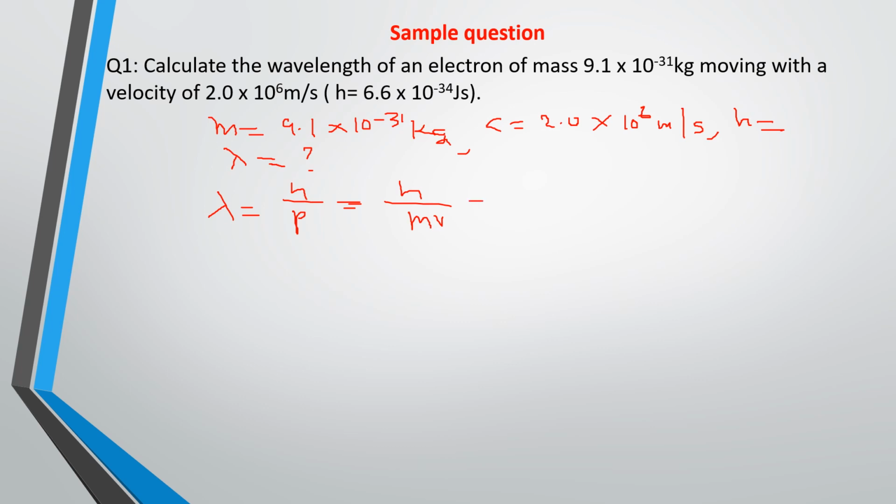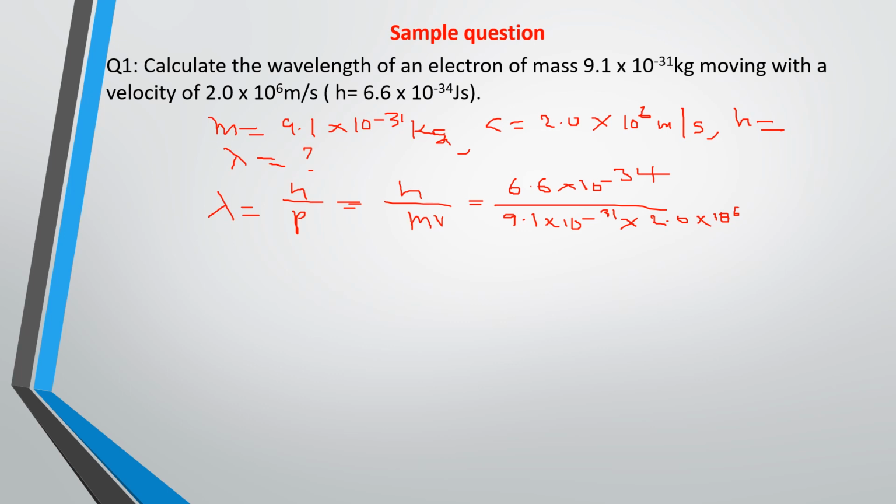So if you substitute into this equation, we have h, which is 6.6 times 10 raised to the power minus 34, divided by m, which is 9.1 times 10 raised to the power minus 31, times the velocity, which is 2.0 times 10 raised to the power 6.